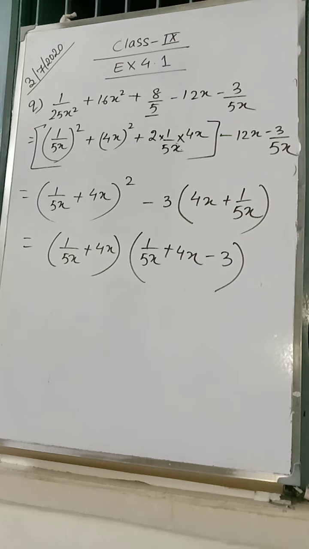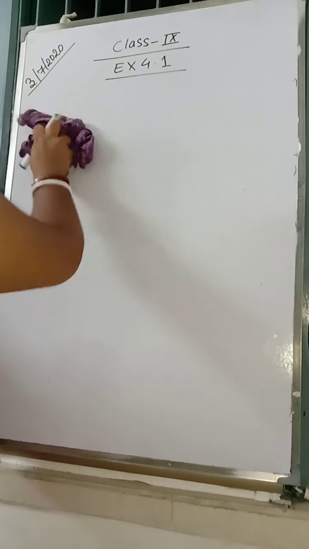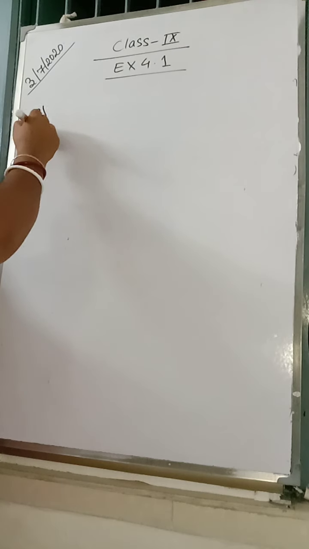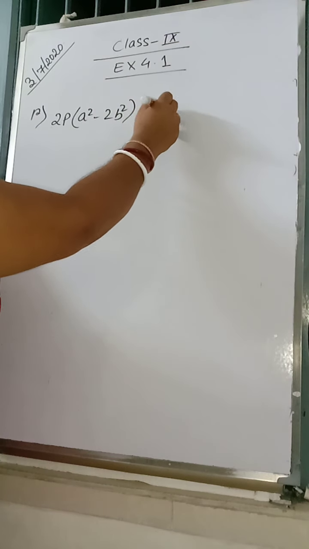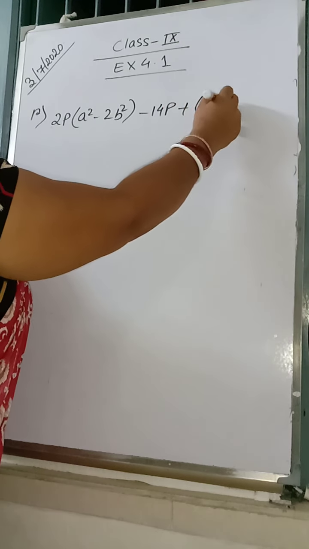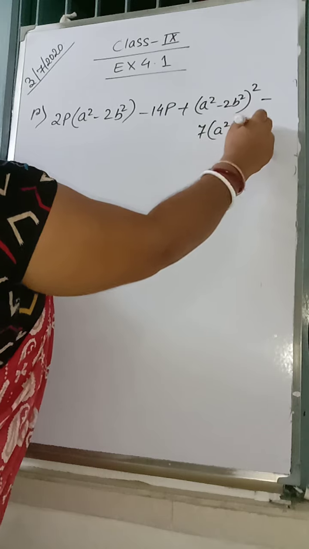Look at question number R. p a square minus 2b square minus 14p plus a square minus 2b square whole square minus 7 a square minus 2b square.